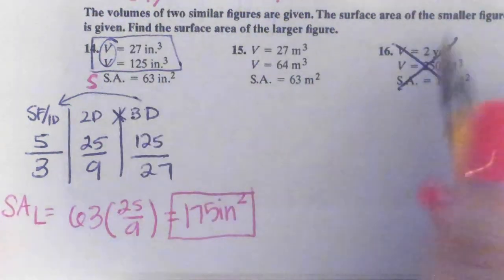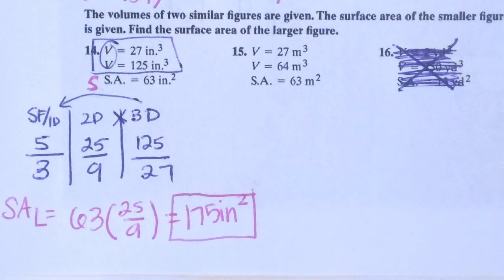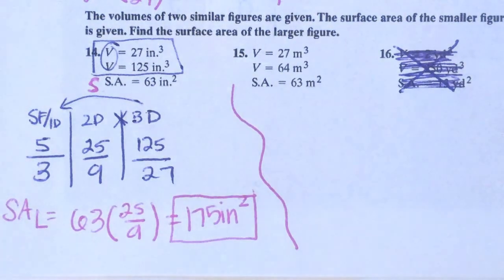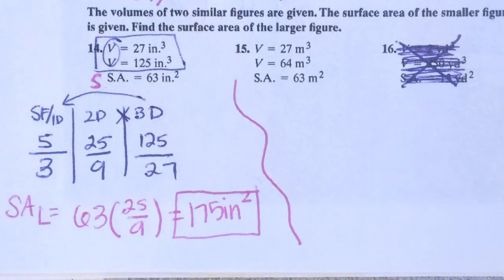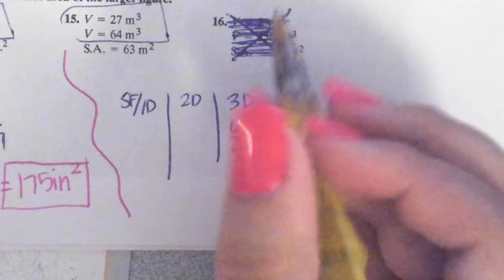This time, find the larger. You do number 15. Go. What is the cube root of 64 over 27?